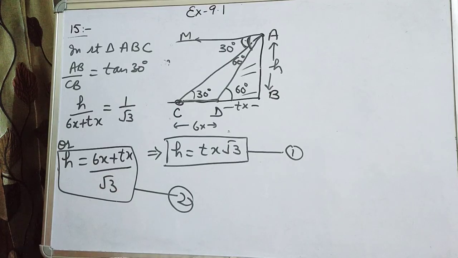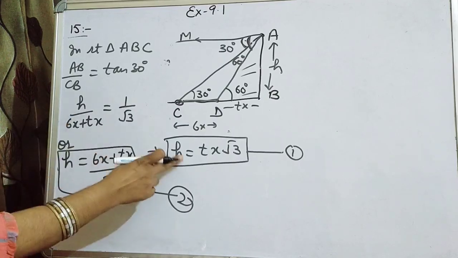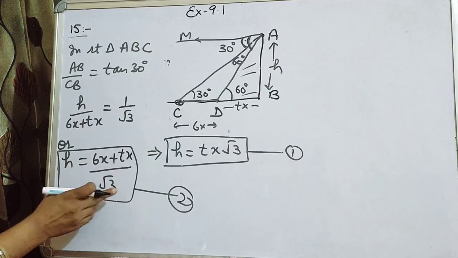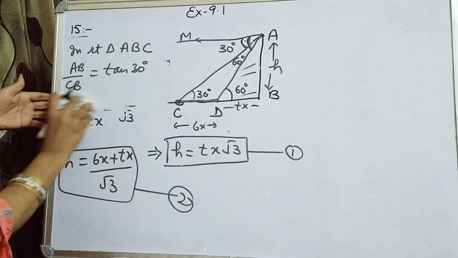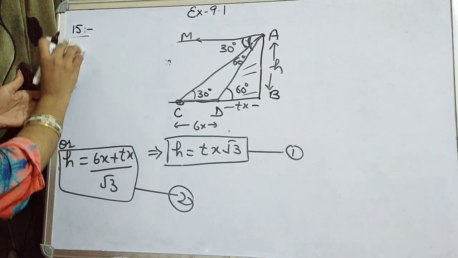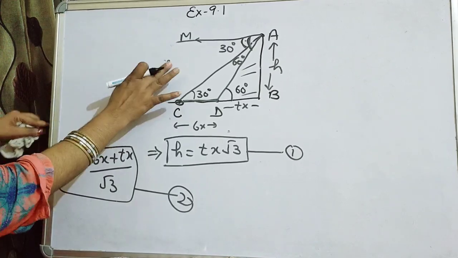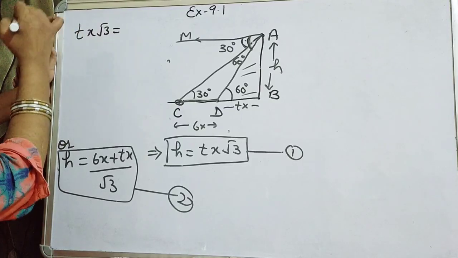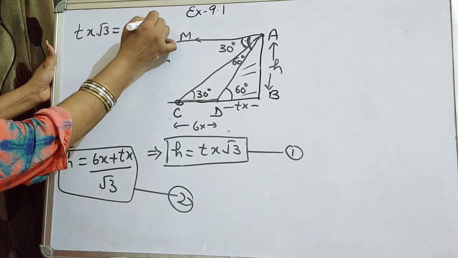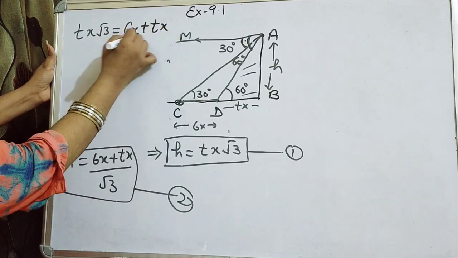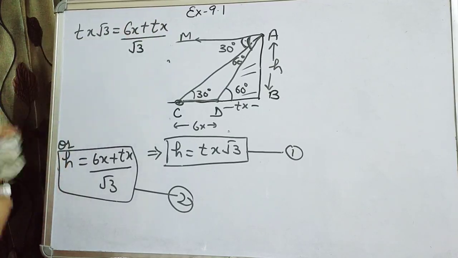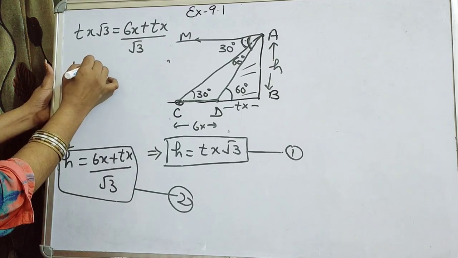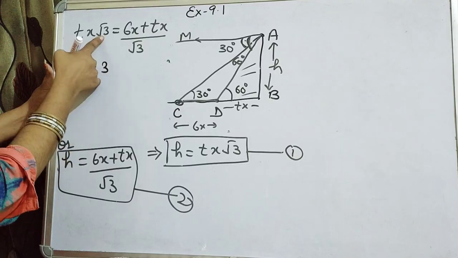This is from the first and this is from the second, but both of them are values of H, so we can put them equal. H is TX root 3, and H is (6X plus TX) by root 3. From equations 1 and 2, I get TX root 3 equal to (6X plus TX) upon root 3. Now root 3 will come here: it will be TX into 3, root 3 into root 3.